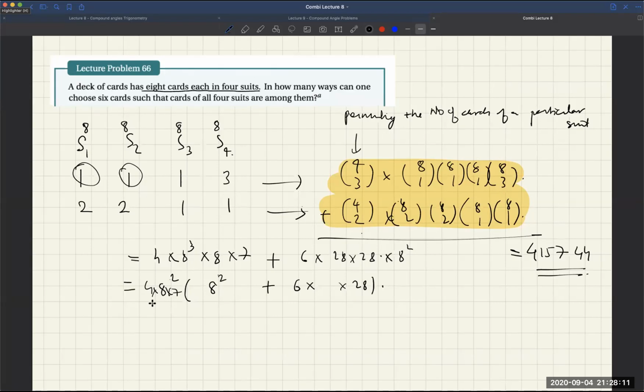Yeah, it is coming right. Yeah, this is the answer. It comes out to be correct. Yeah, now try this problem, guys. I hope this is clear.